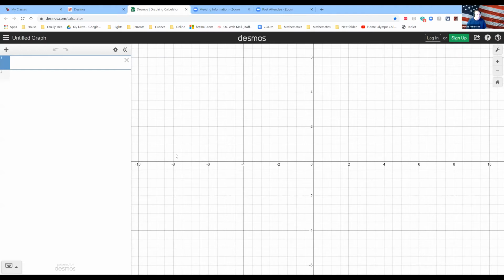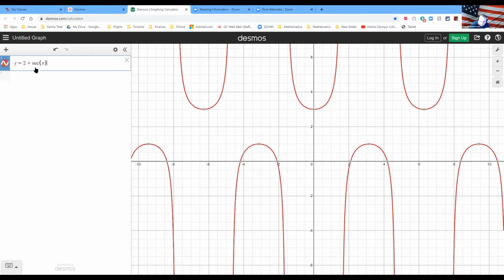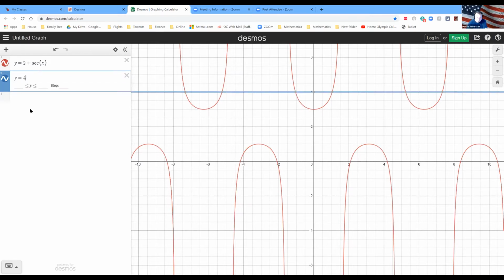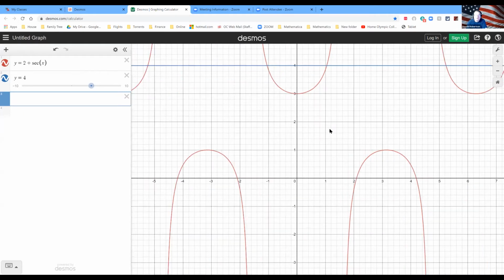Right, so the function that we're going to do is 2 plus secant x. So y equals 2 plus secant x. That's cool. And y equals 4 is going to be the other piece of the puzzle. And then I'm just going to zoom in.